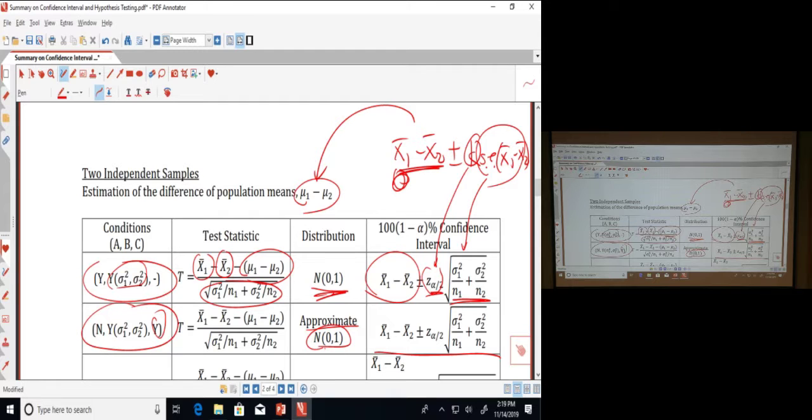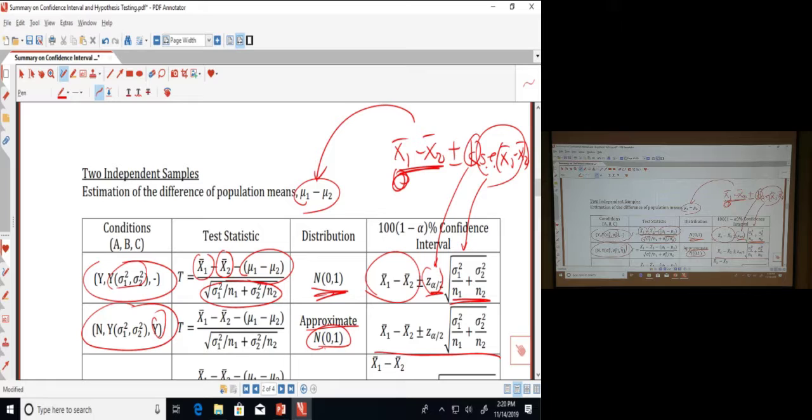Okay? In other words, if you have known sigma1 square and sigma2 square, and the population is normal, then I don't care about the sample size. But if I don't have a normal distribution, then the sample size becomes critical. You have to have a large sample. N is big. All right?